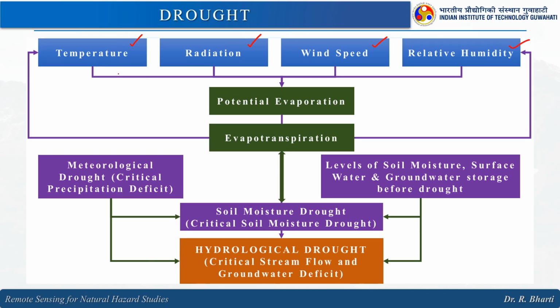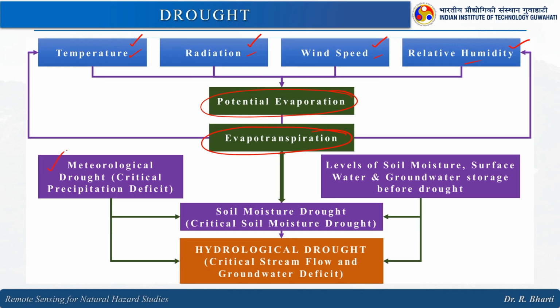If you try to understand why we are using these 4 parameters, temperature, radiation, wind speed and relative humidity all have a direct or indirect impact from the scarcity of water. When we use them together, we can calculate the potential evaporation and then also evapotranspiration.